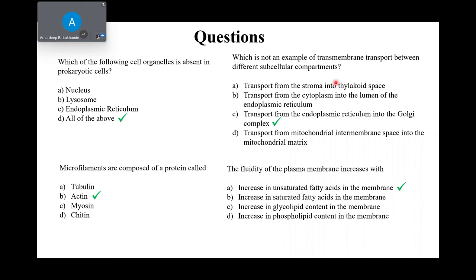Which of these is the reason? And the next is the oxygen and the carbon dioxide. The crossing of these gases across the plasma membrane is because of which of these pathways, or which process? It should be easy because we did this in the last session as well.